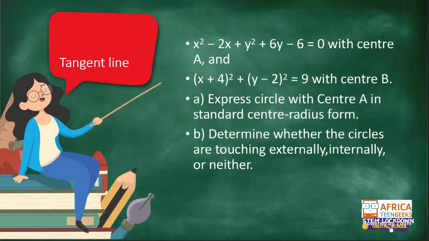Okay, so here is another question. You have x squared minus 2x plus y squared plus 6y minus 6 equal to 0 with center A, and you have another equation of the circle, x plus 4 all squared plus y minus 2 all squared equal to 9, with center B. So the first question is to express the circle with center A in the standard center-radius form.